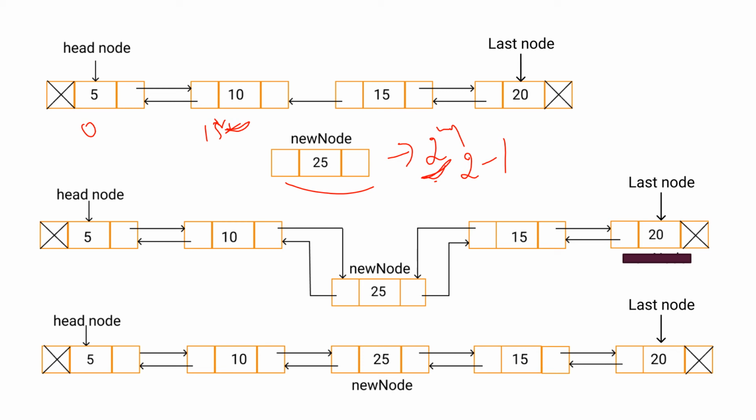So I travel from head up to the first node in this case, and once we reach the position, that is, when we reach our first position, then what we want to do is set the next pointer of the new node to the address contained by the next pointer of the first node.